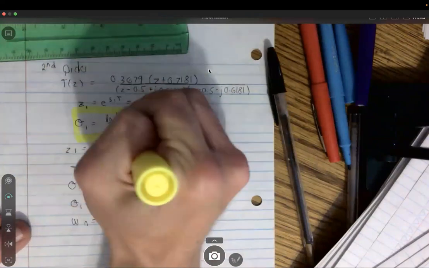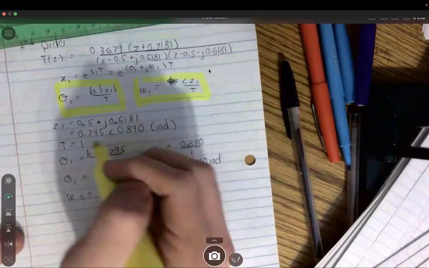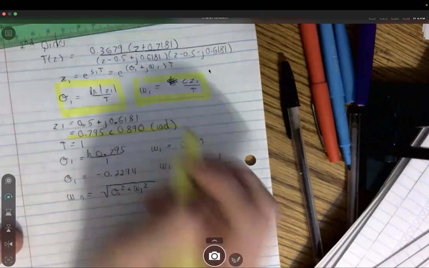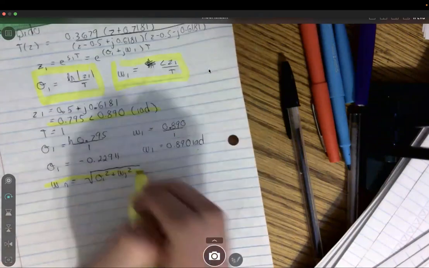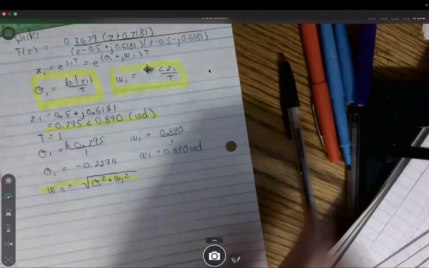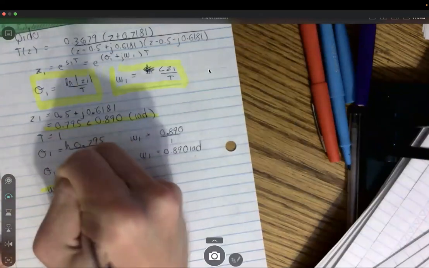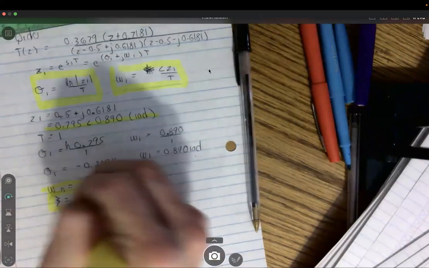Remember for a second order system, sigma 1 and omega 1, you have to represent your complex poles in terms of the magnitude and the phase part, in order to plug it in here. And then your omega n is equal to the following formula, and your zeta is equal to sigma 1 all over omega n.